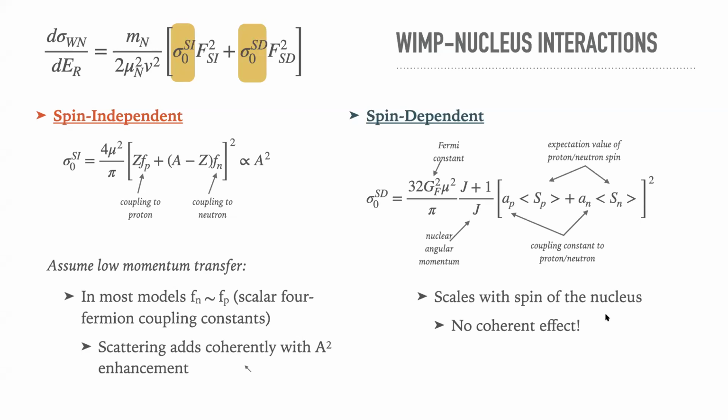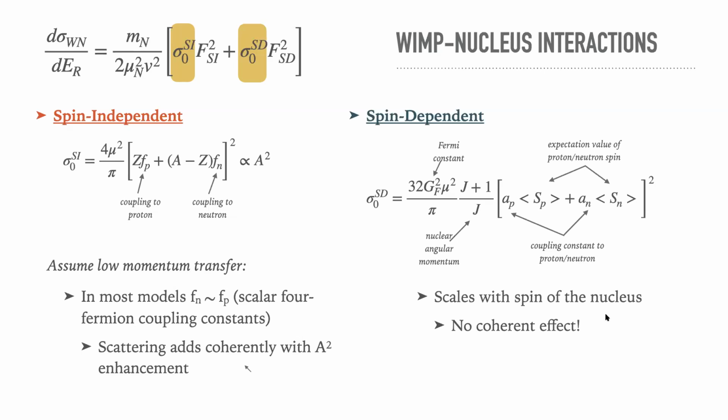In this case here, these terms are not similar. And so you have to take into account the coupling to the neutron and the coupling to the proton. So you don't get an A squared enhancement.